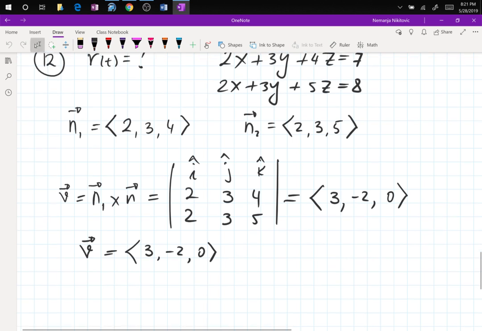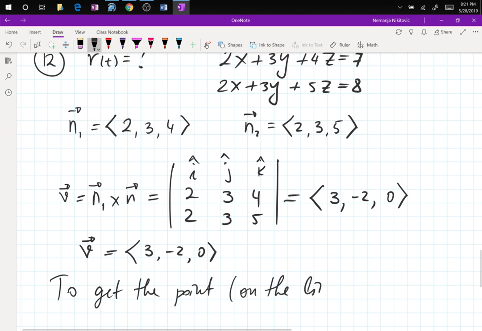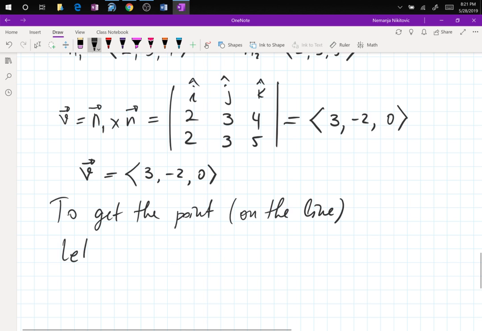So, to get the point on the line, let x equal 0.